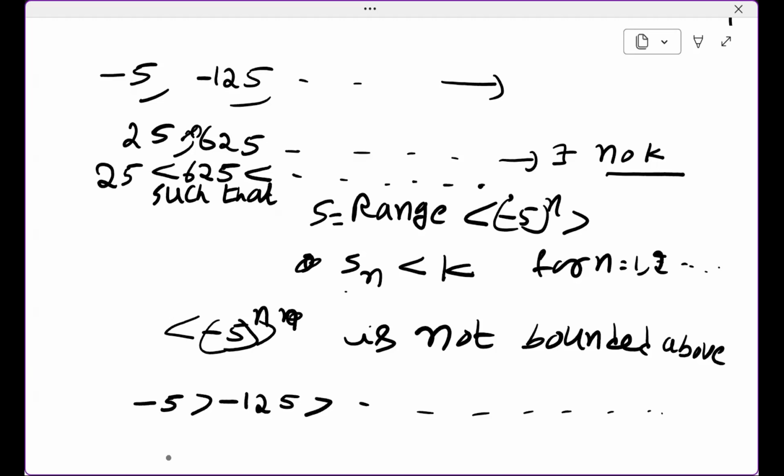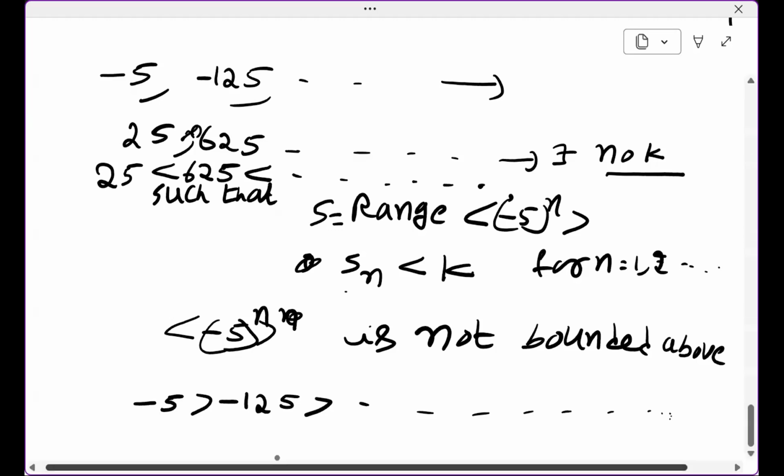Because it is increasing in the positive terms, there is no upper bound for this. Again -5 is greater than -125 and so on. All negative. There is no least term. From the negative terms we will get the lower bound. The least of the negative numbers will give you the lower bound. The greatest among positive terms will give you the upper bound. There is no greatest term here. There is no least term here.